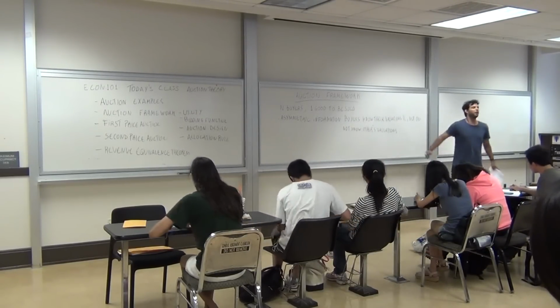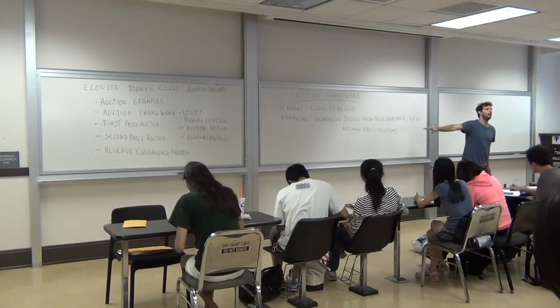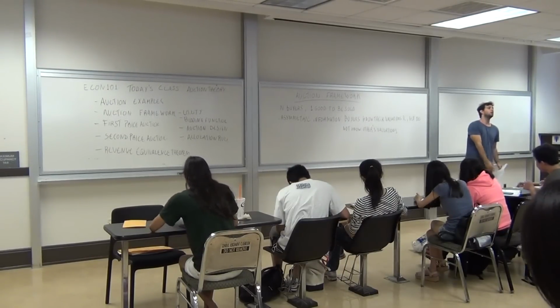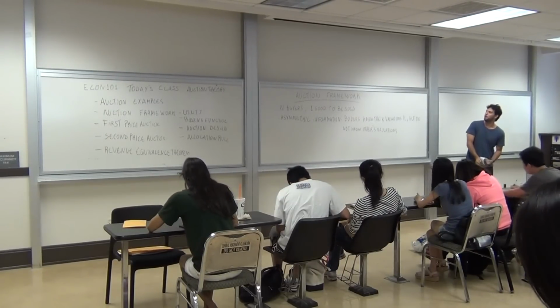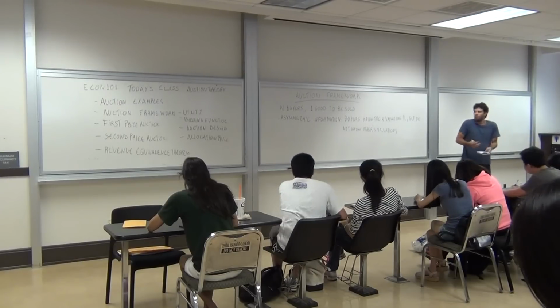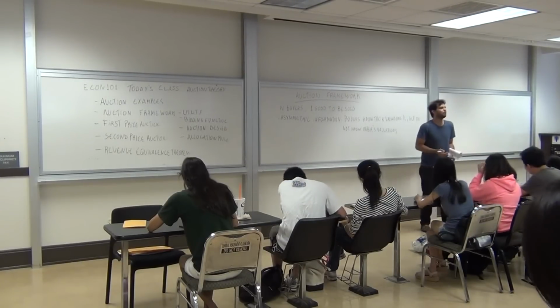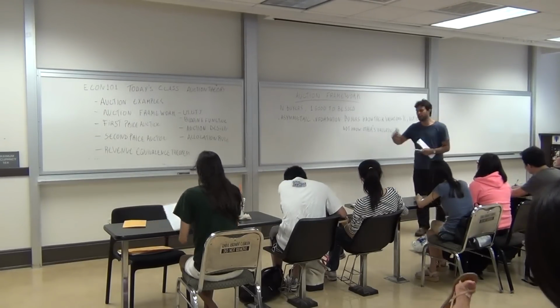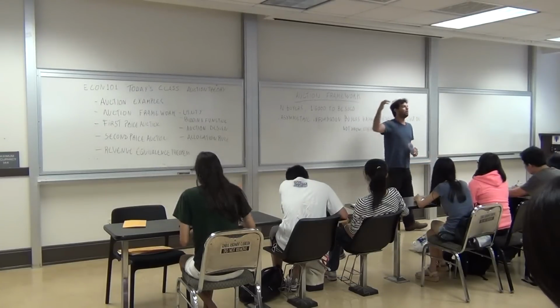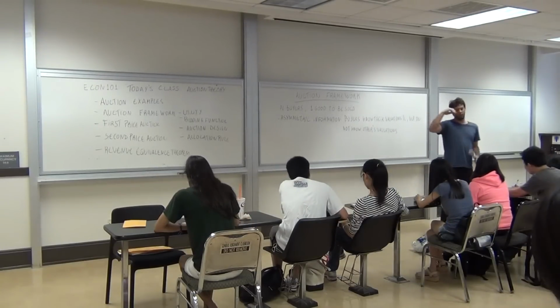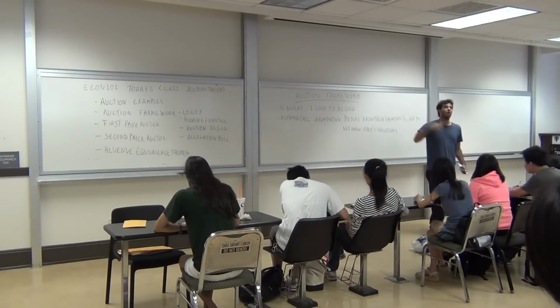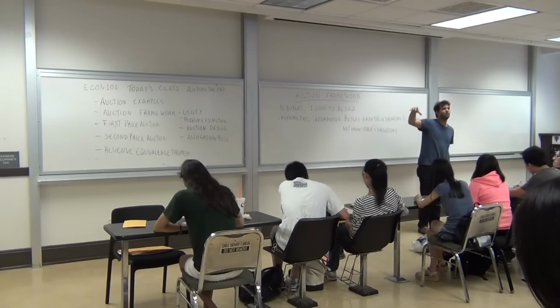So in the framework, you have n different buyers for just one good. One thing that is very different from the other games that we've played: in the other games, we knew exactly what valuation we had for the good and what valuation the others had.